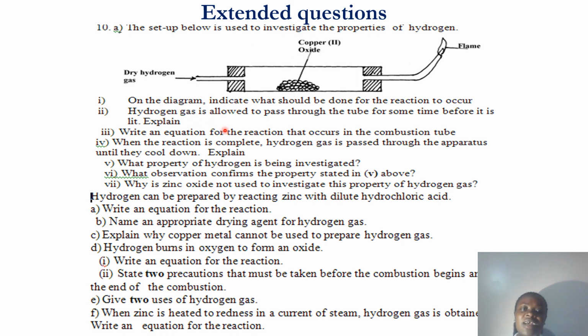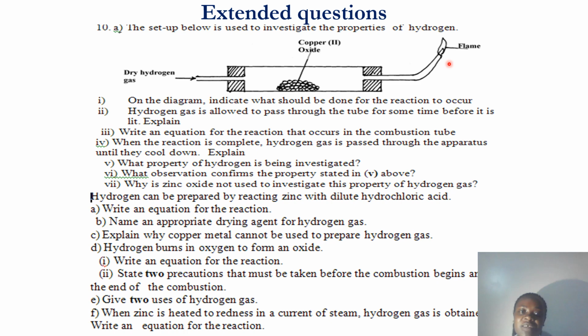Roman 2, hydrogen gas is allowed to pass through the tube for some time before it is lit. Explain. So before lighting, we have to ensure that there is no air in this combustion tube. So that is why we are passing hydrogen gas before we light here, to ensure that whatever we are going to light here will be pure hydrogen gas to avoid explosion.